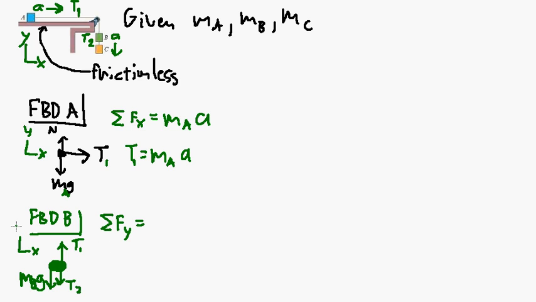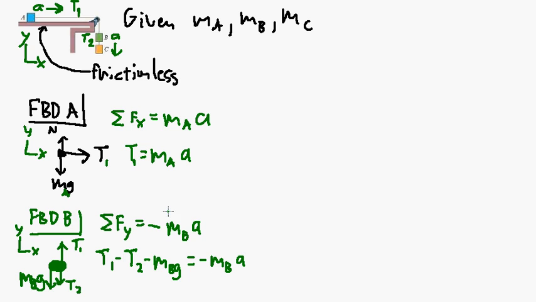So T1 is up, minus T2, minus mass of B times G, equals negative mass of B times A.